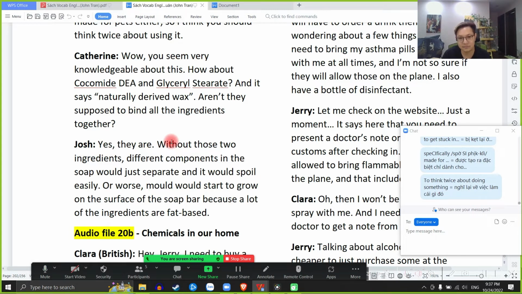And it says naturally derived wax. Alright. They're supposed to bind all the ingredients together. Aren't they supposed to bind all the ingredients together?